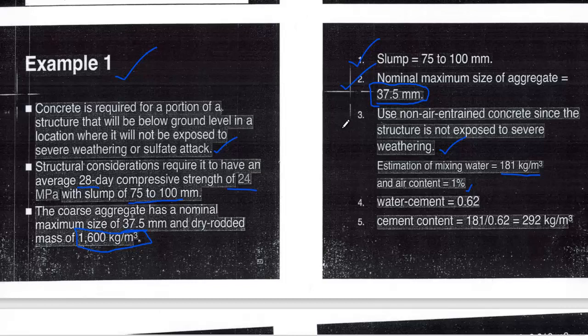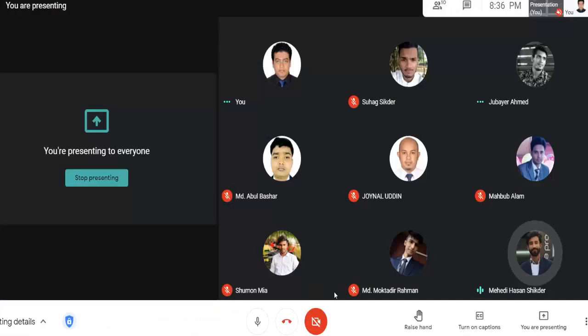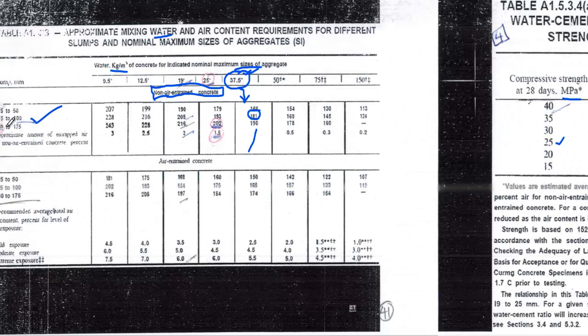Up to this is clear? Step 3. Yes, sir. Sir, I was disconnected. Just mixing water, sir. Can you repeat again, sir? There you can see this is 75 to 100. So 37.5 is the maximum aggregate size.